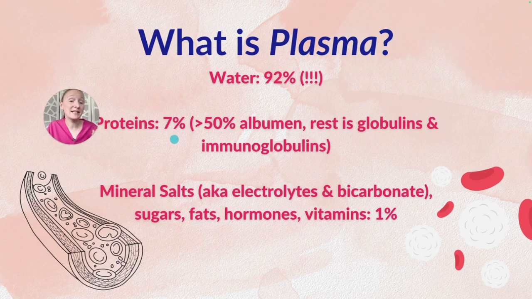That leaves 7% unaccounted for, and this would be our proteins. You can think of the proteins as being dissolved inside the water as well. And over half of those proteins is the important protein albumin. I'm going to talk about that in a future video, but have you heard of this one? The rest of the protein in the plasma is globulins and immunoglobulins, which has to do with your immune system.